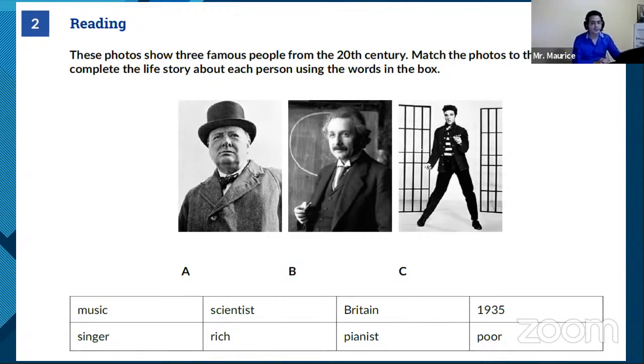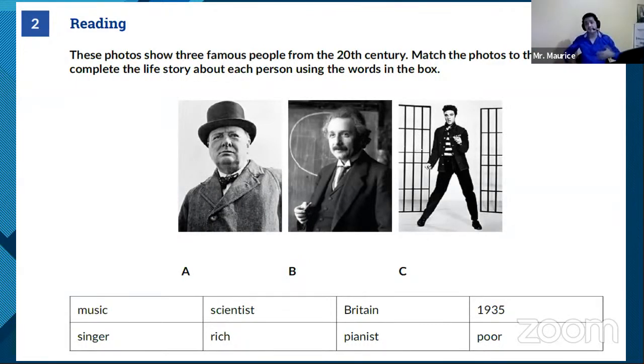Okay, here we go. Please, one volunteer. Maybe you can say Albert Einstein was a pianist, or Elvis Presley was born in 1934. It's up to you. Okay, Mr. Fabian Mosquera, thank you. Elvis was a singer and he was born in 1935.